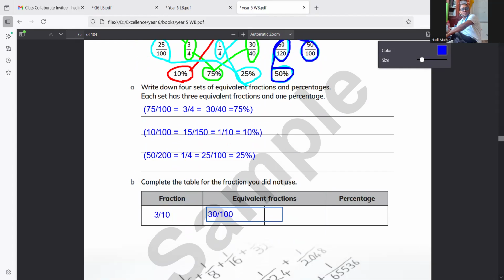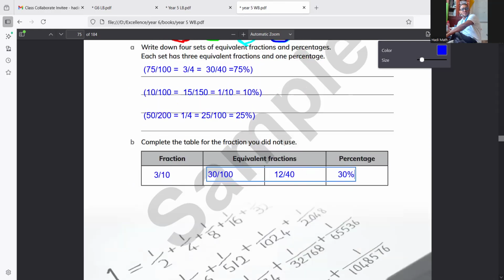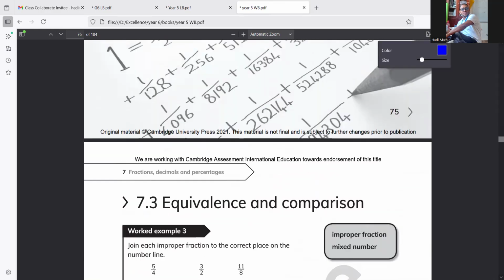For the other one, I could just multiply by any number you want. Like you can multiply by 4 up and down, okay? And 3 multiplied by 4 is equal to 12, and it's going to be 12 over 40. And that is equal to 30%. That's all for this exercise.